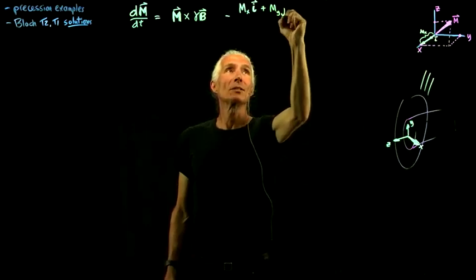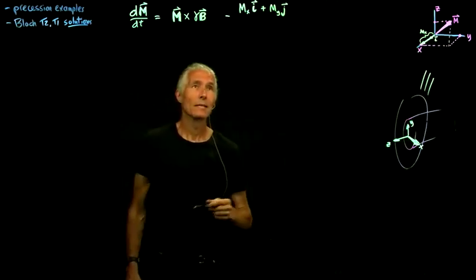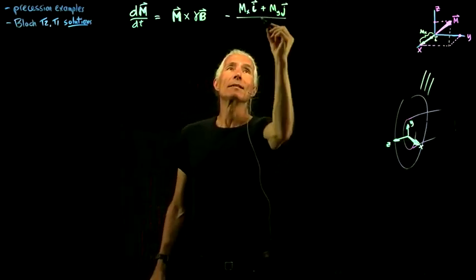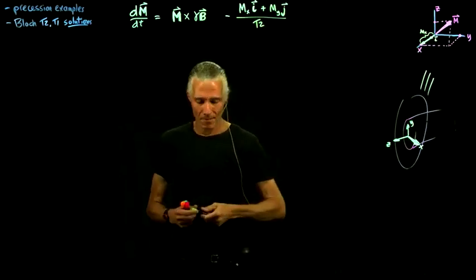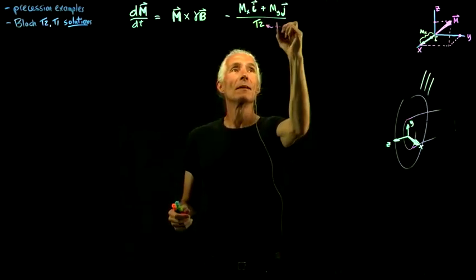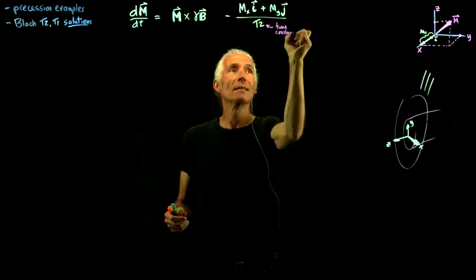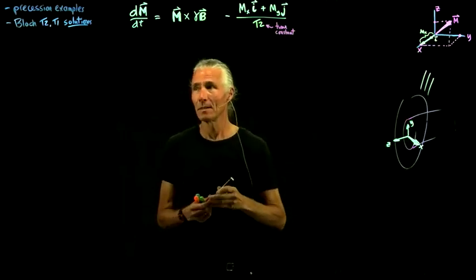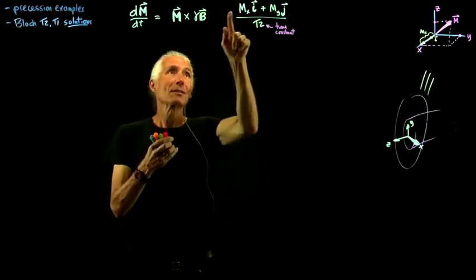So here's a j, meaning a vector that goes 1 along the y-axis. And then you divide that by T2, which is a time constant. So why is that guy in the denominator? Let's think about that.